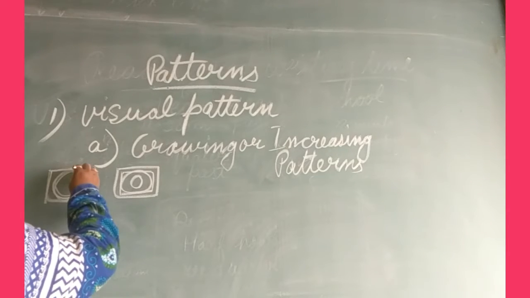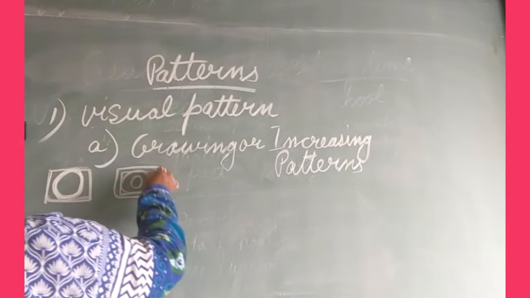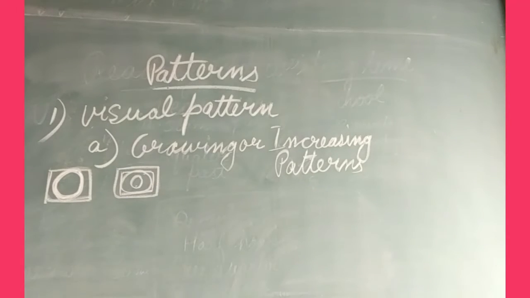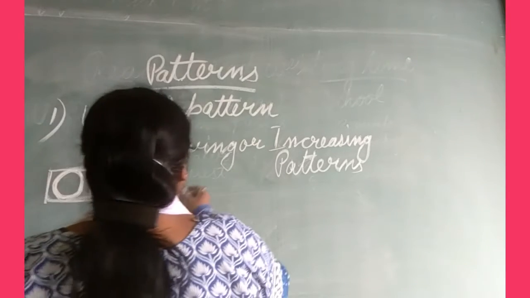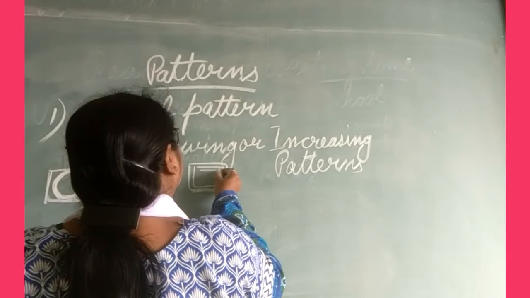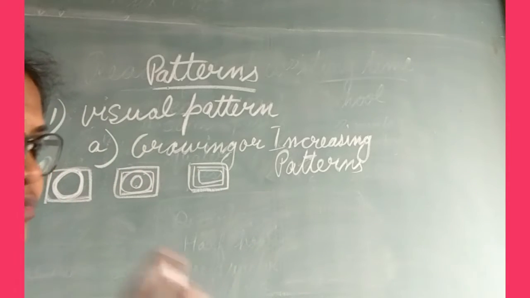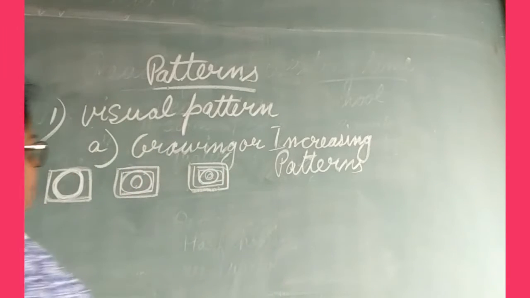In the second, 2 squares and 2 circles. Number 3 will have 3 squares and 3 circles. So this is the growing or increasing pattern.